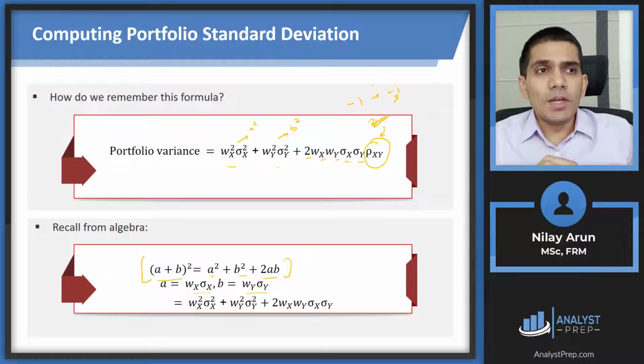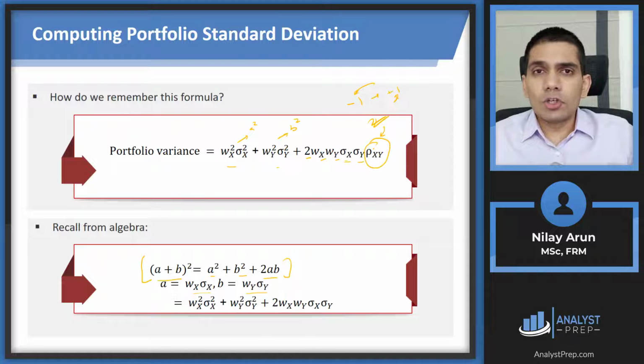The more we go towards the negative side, remember, we can't go lesser than -1. If we go to -1, then this entire third term will become negative. So that is the lowest amount of portfolio variance that you can go to, which basically means that is the highest level of diversification that is possible for your portfolio. So the more negative this correlation term is, the better it is from a portfolio perspective because it's increasing your diversification benefit. So correlation is the most important term.